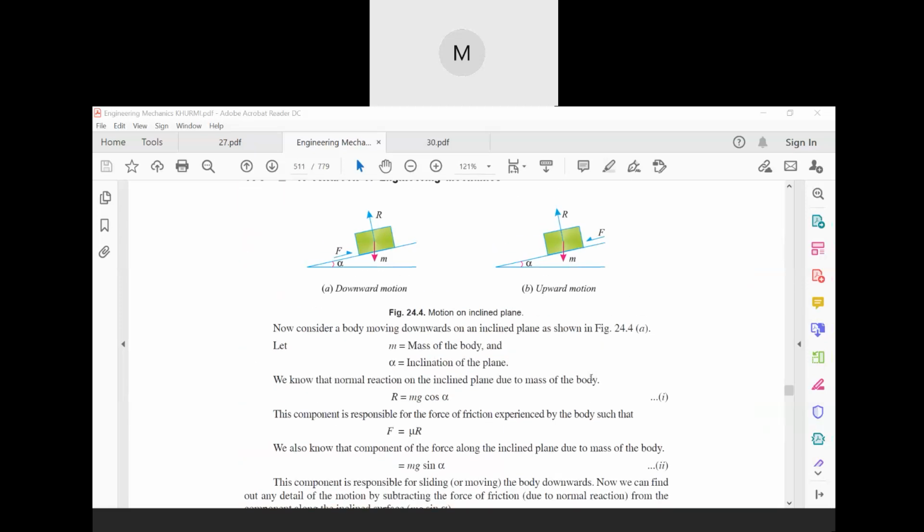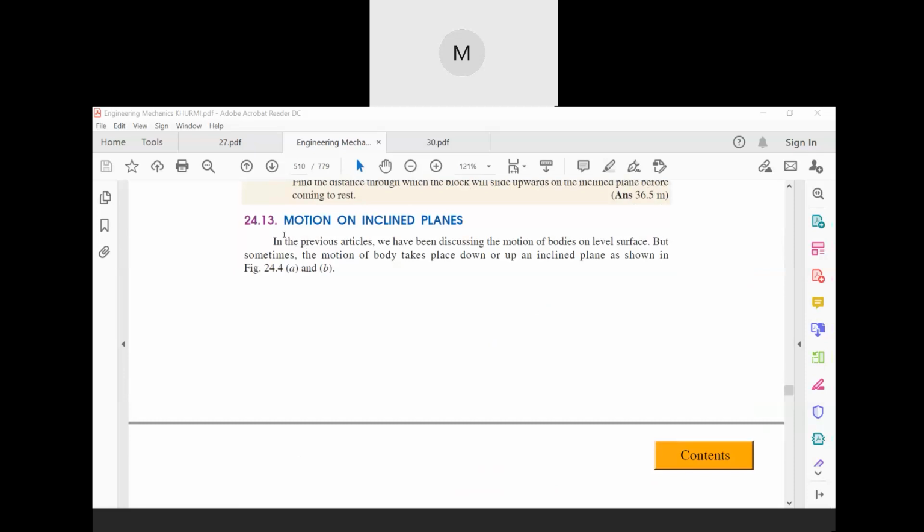Now let us discuss the next topic, motion on inclined planes. Okay, so what is motion on inclined planes? In the previous discussions, what we discussed was that the body is moving in what?